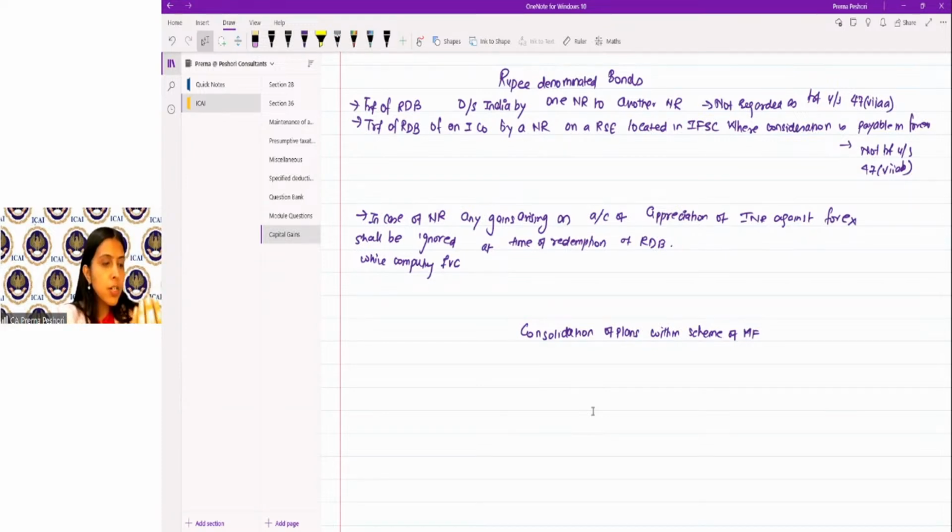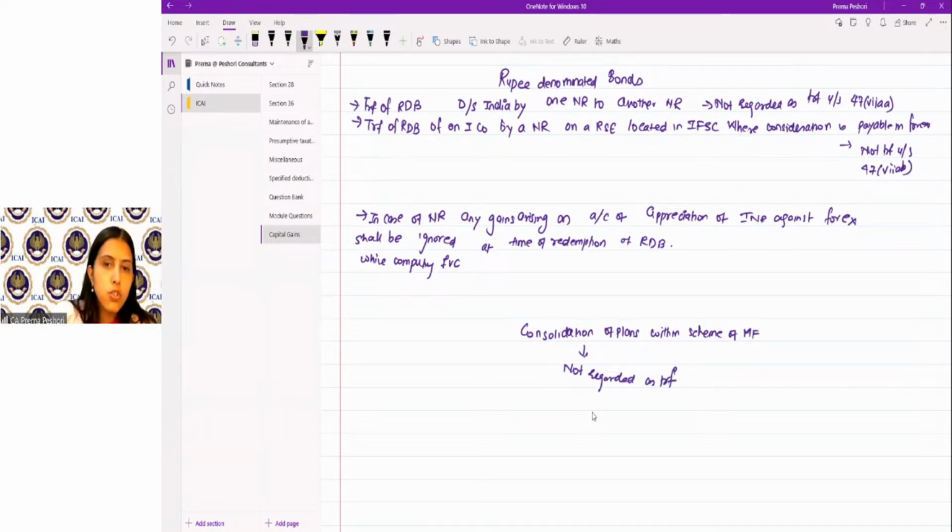So any transfer by a unit holder of mutual fund units held in the consolidating plan of any mutual fund, in consideration of the allotment of other units, will not be regarded as transfer.